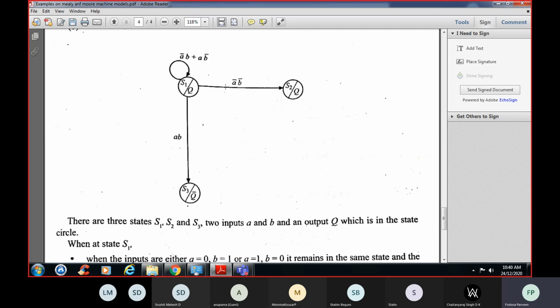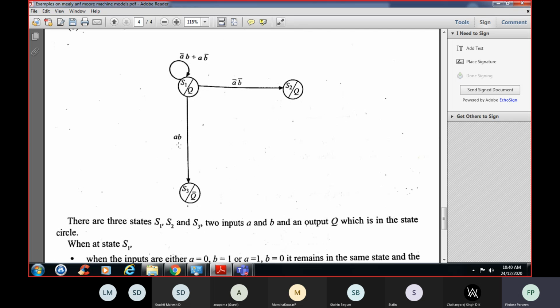In the same way, when input is 0, 0, because we are having 2 inputs A and B, so here it is A bar, here it is B bar, bar indicates it is 0, 0. When it is 0, 0, it moves to the next state, that is S2, and the output is 1.